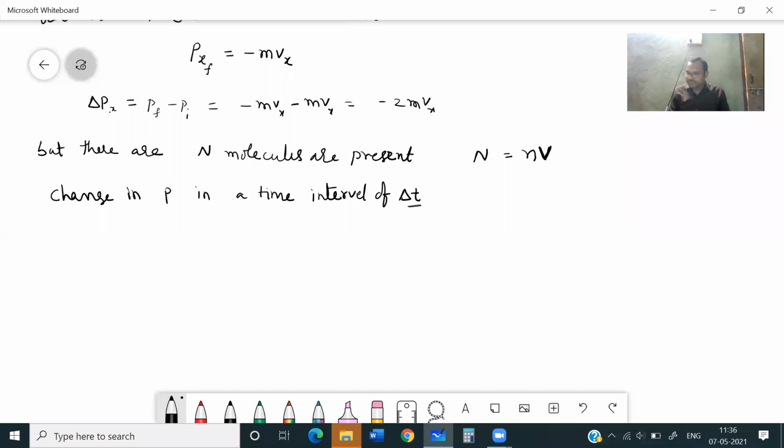Yes, students. See, within a time of delta t, how many gas molecules are colliding? That we need to find. So for that, let us consider the gas molecules.